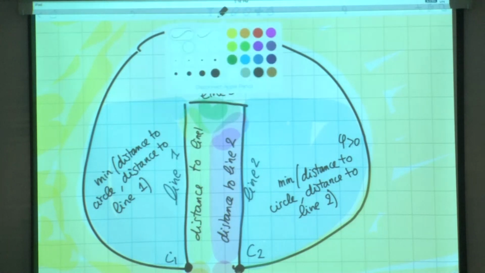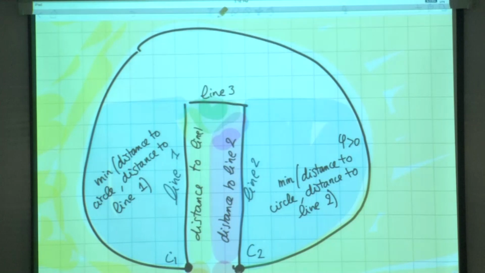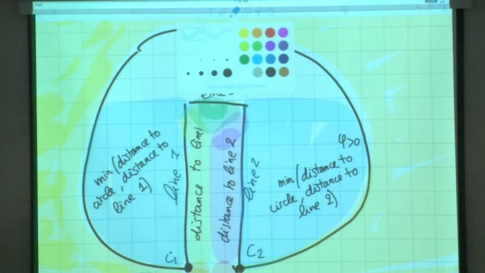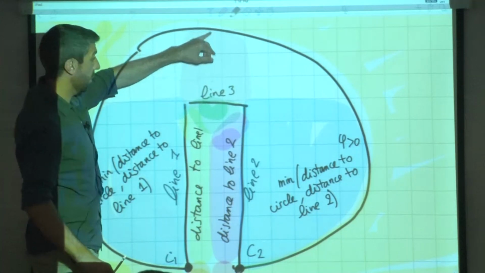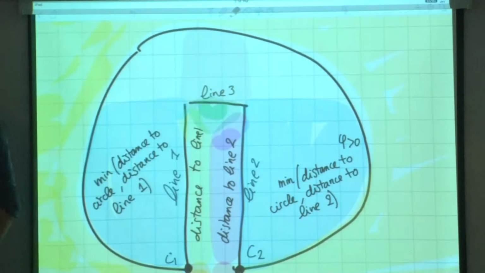And for the sake of completeness, we'll add this top region here, right above that line. Now we're going to have to take the minimum between the distance to the circle and this time the distance to line 3.